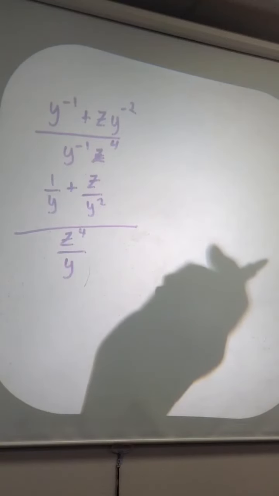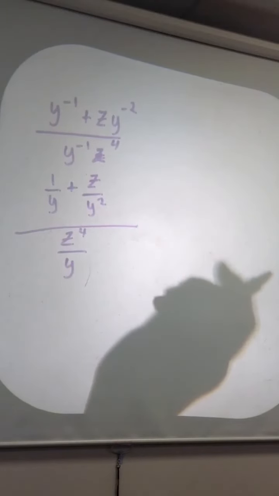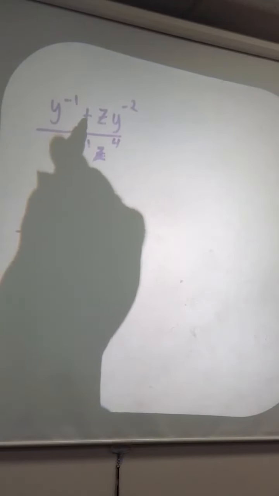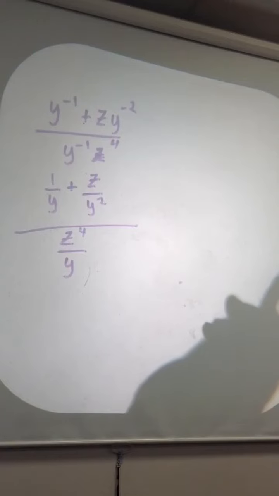I'll go on, and if you can't follow me, let me know, Mike, okay? No, because y to the negative 1 is a term, there's a plus sign in it, okay?